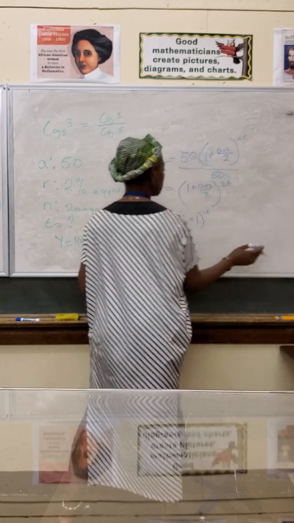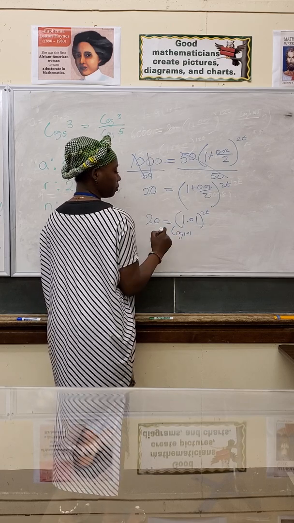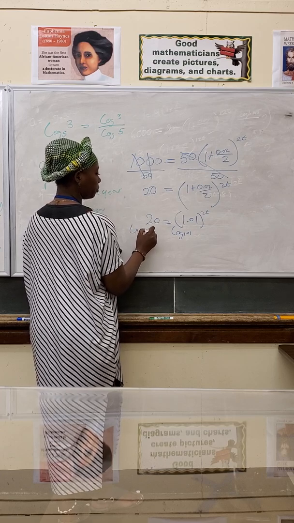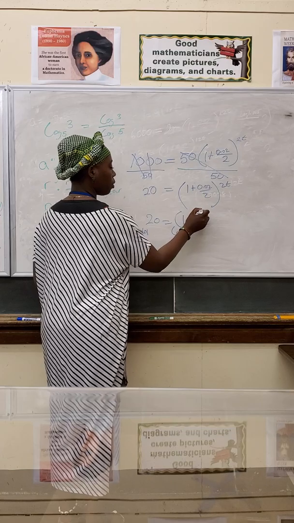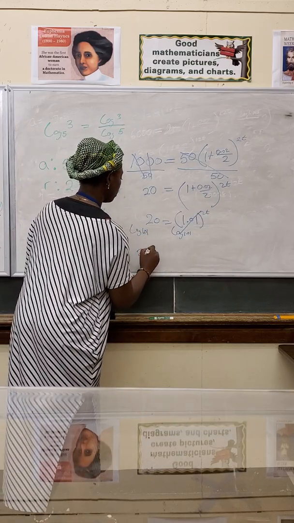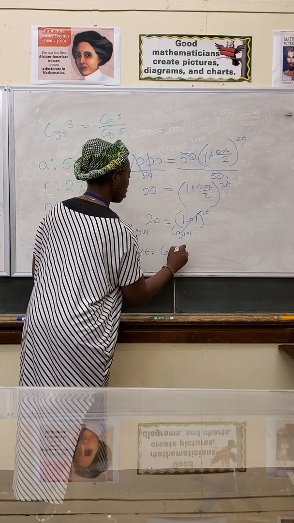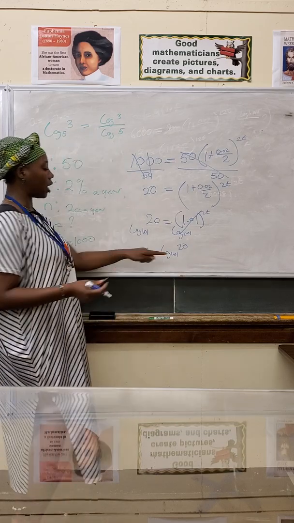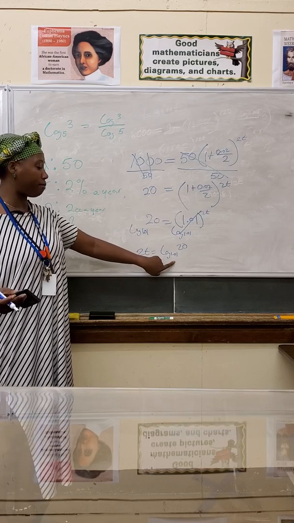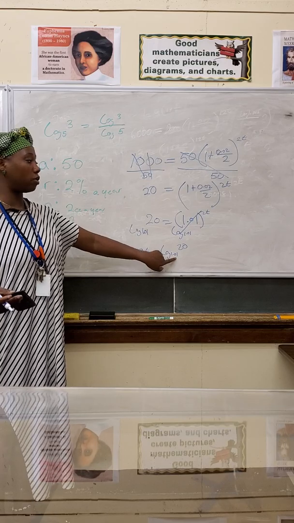You're looking for what will get x by itself. We're raising this to log base 1.01, and that will go away, leaving us with 2t is equal to log base 1.01 of 20. Because our calculator cannot do this, this is why we would have to do the change of base. So it's log of 20 divided by log of 1.01.